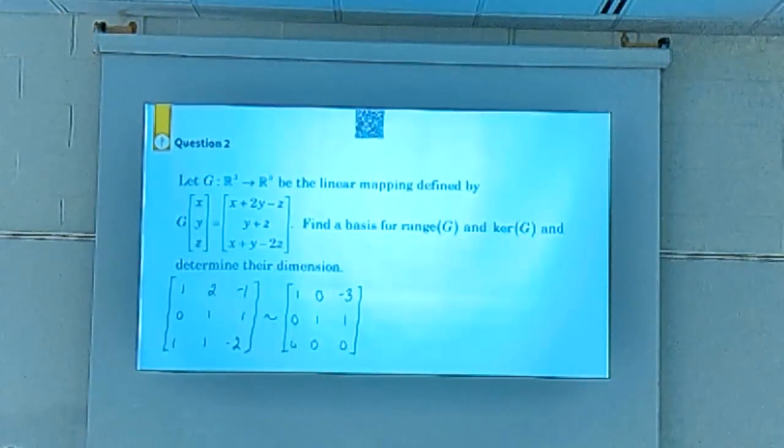So 3, -1, 0. Why are you giving me a forward vector? 3, -1, 1. Yep. Remember, your kernel has to be a subset of your domain. And the domain is R^3. So 3, -1, 1 is the only vector in your basis.